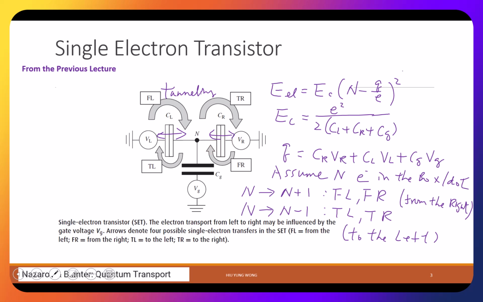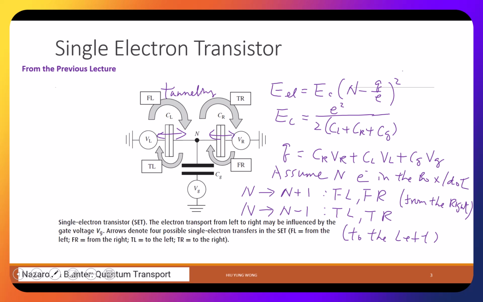Then what is the energy of the electron of this system? It is equal to EC times (N minus Q over e) squared. What is N? N is the number of electrons inside this dot. And what is EC? EC is the charging energy for this problem.